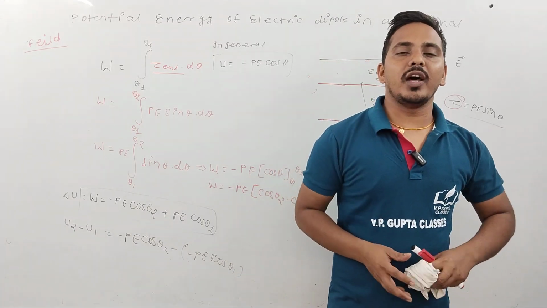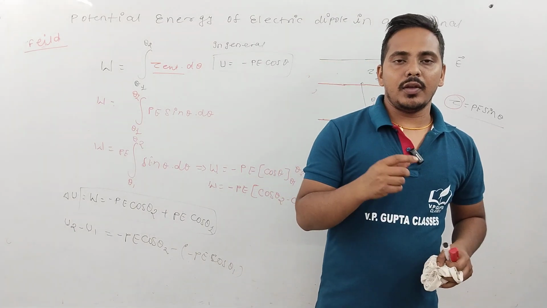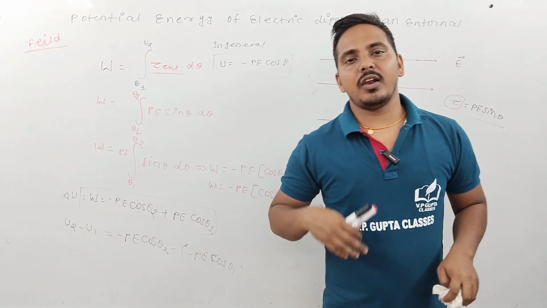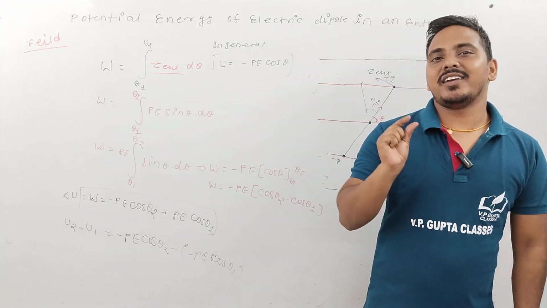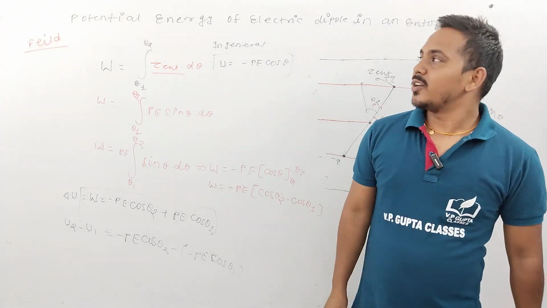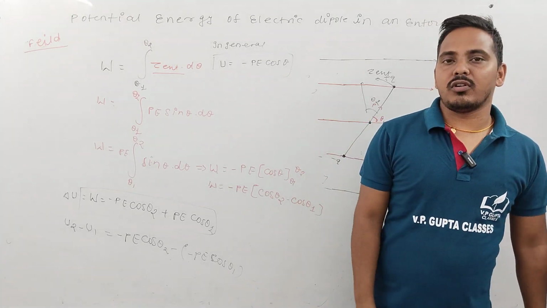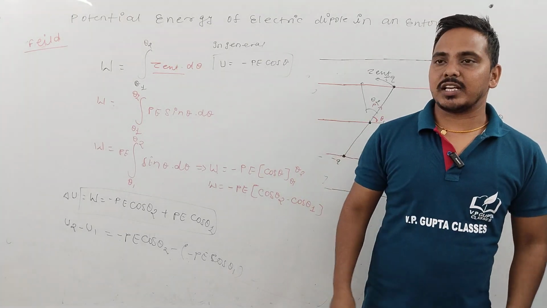And for the potential energy at any particular angle, we apply u is equal to minus Pe cos theta.